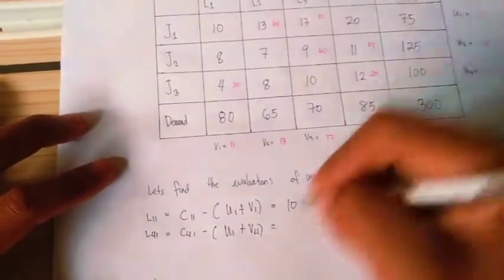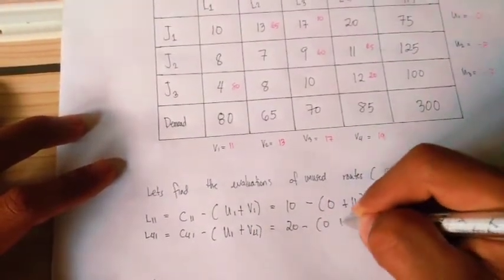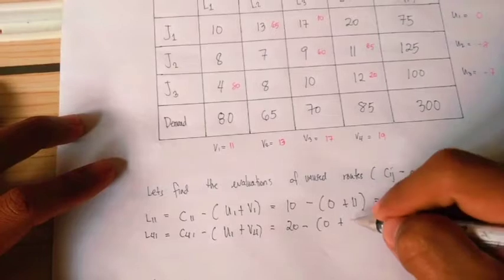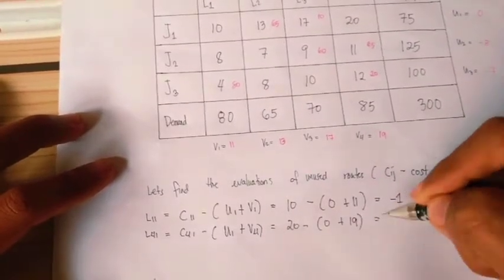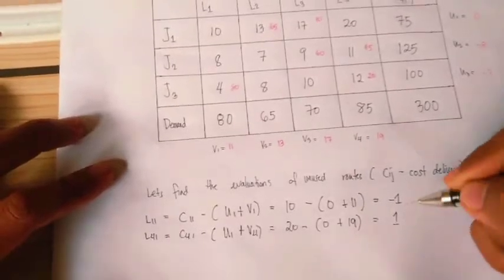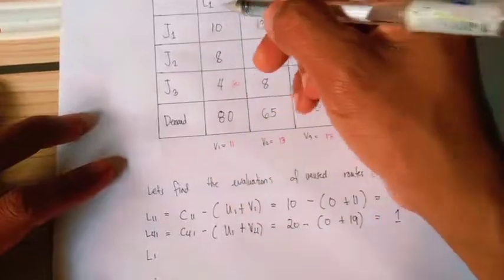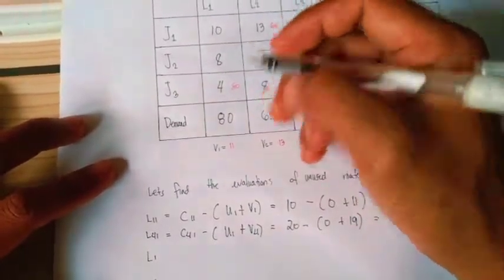It is equal to 20 minus U1, which is 0, plus V4, which is 19. So the result is 1. Next is the L1 J2, which is 8.